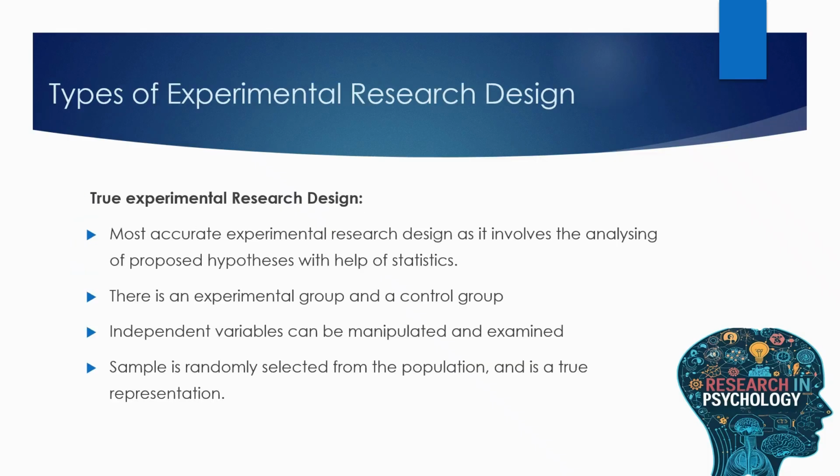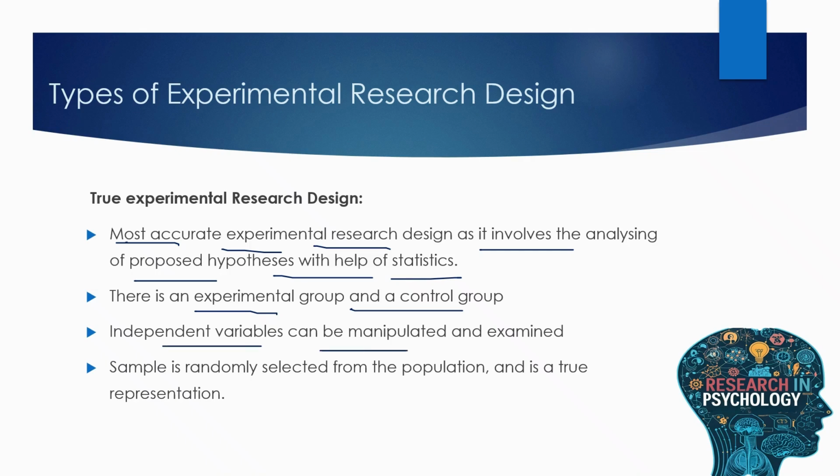Now, if the first one was the most simplest, this is the most accurate. True experimental research design is the most accurate experimental research design as it involves analyzing of proposed hypothesis with the help of statistics. Here there is an experimental group and a control group. Independent variables can be manipulated and examined.